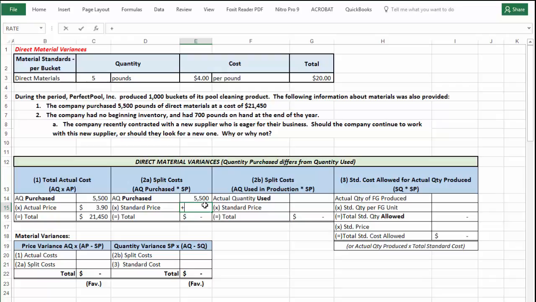So let's insert that in the spreadsheet. Had they purchased the actual quantity at the standard price, they would have spent $22,000, and instead they spent $21,450. So it looks like they did a better job purchasing than anticipated.